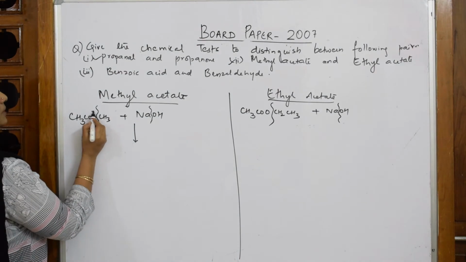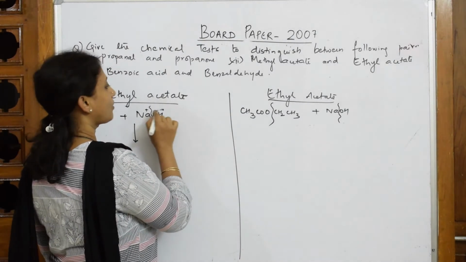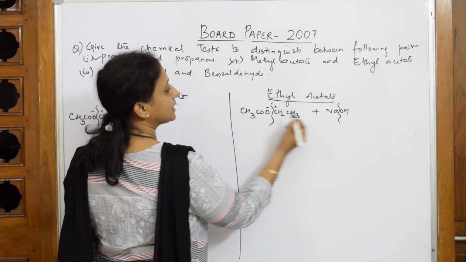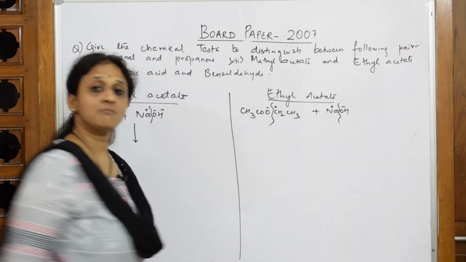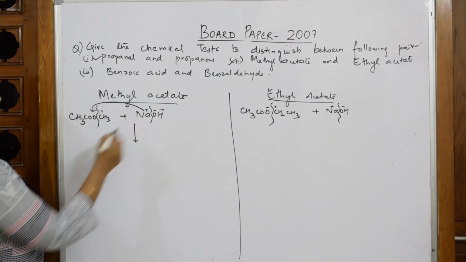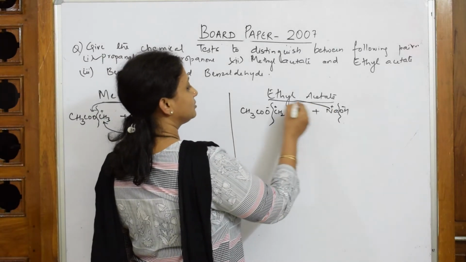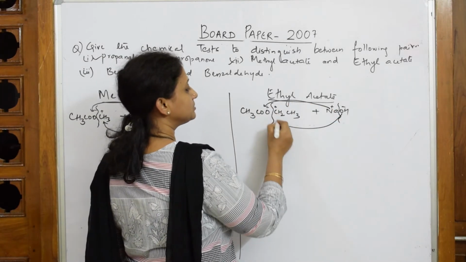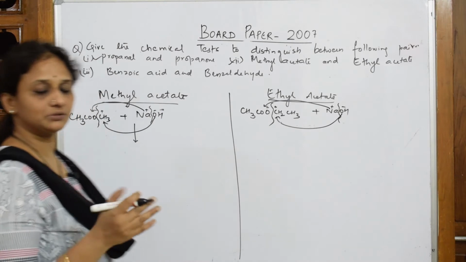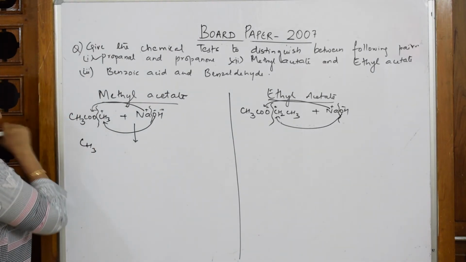The cation attacks the acetate and OH attacks the methyl group. It's the same concept everywhere, but you should know where to cleave the bond. What do I get?